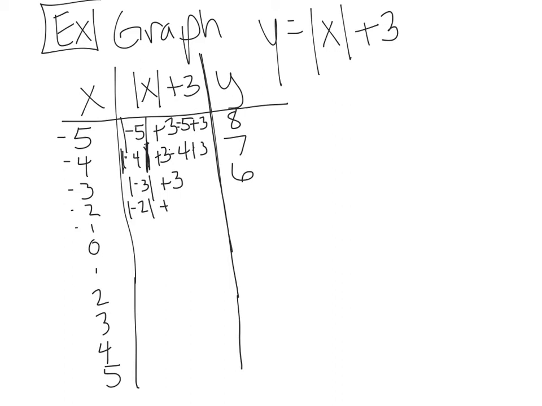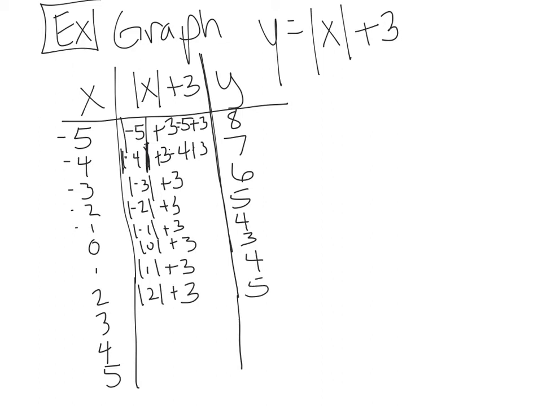Plugging it in, absolute value of -2 plus 3 is going to be a 5. It's going to be a 4. Absolute value of 0 plus 3 is a 3. It's a 4. Absolute value of 2 plus 3, 5. So you kind of see a pattern going. It's going back up.